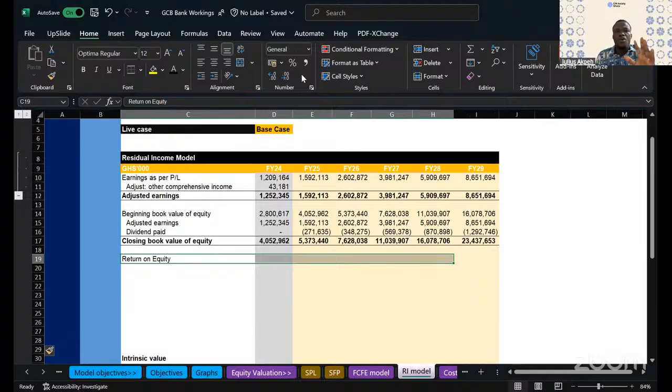Some people even use the closing book value of equity. So the earnings or the net profit for the year divided by the closing book value of equity, or the proper way is to divide by the average book value of equity, which is the average of the opening and the closing. That is how we do that for financial reporting purposes.